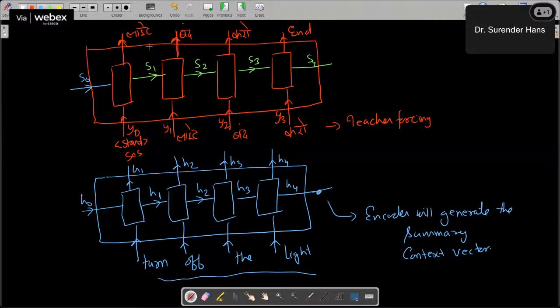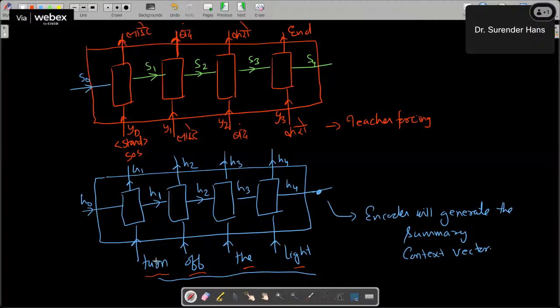Okay, so to print light, just understand this point, to print this light, did we need the entire input sequence, turn off the light? Okay, the problem of the decoder side is what? To print light, do we need this entire input sequence, or do we need a specific word?